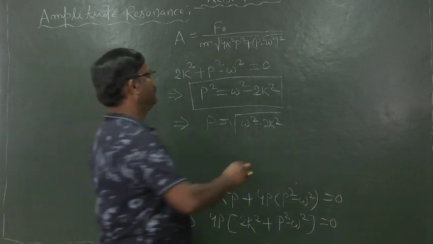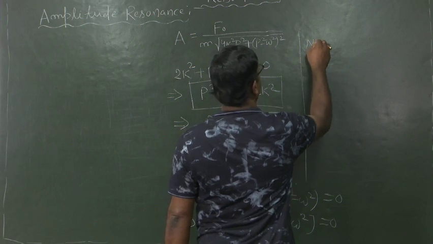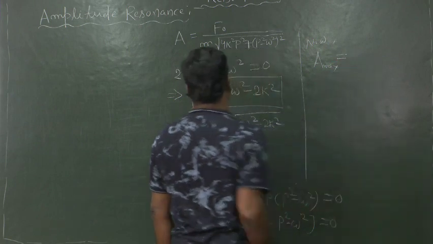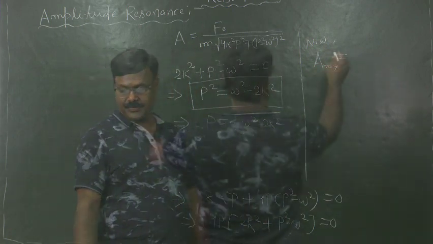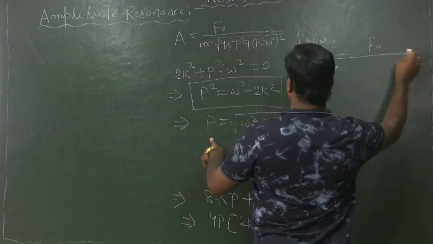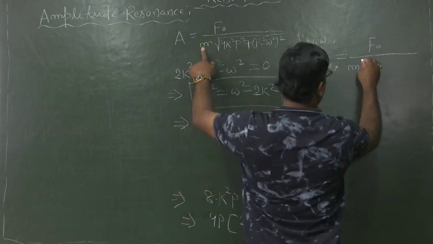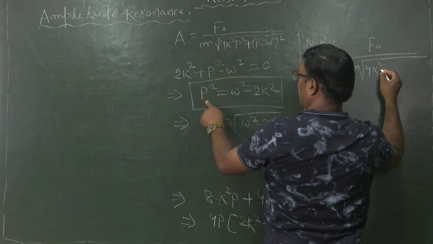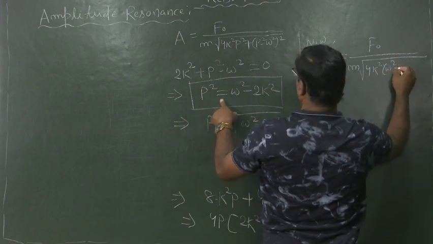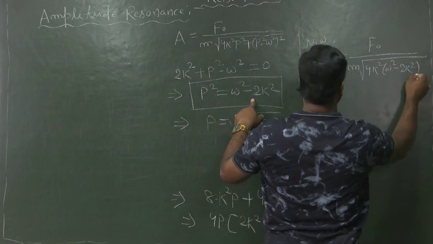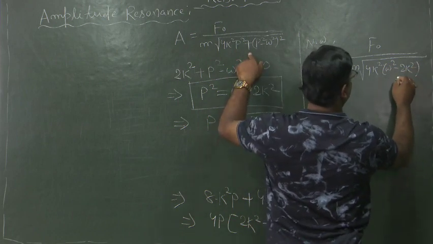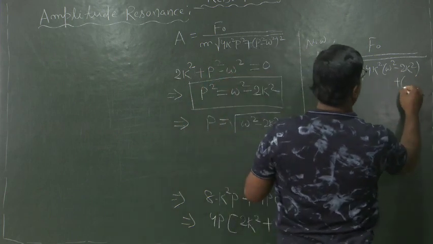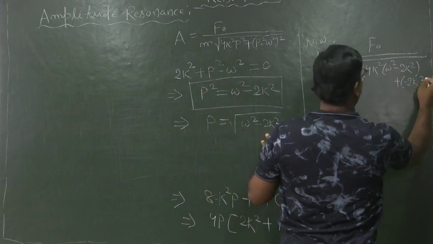Now A max will be equal to how much? F0 by m into root over of 4k square into p square, and the value of p square is omega square minus 2k square, plus p square minus omega square is equal to minus 2k square, whole square.